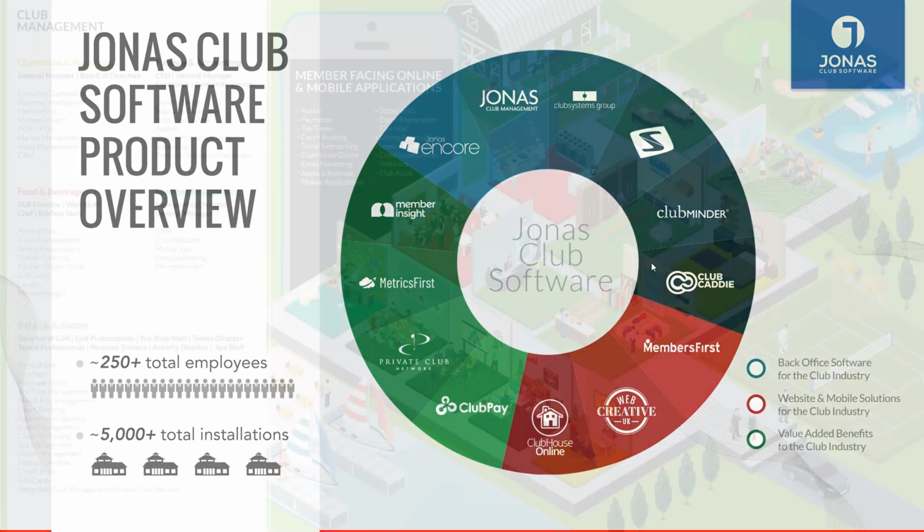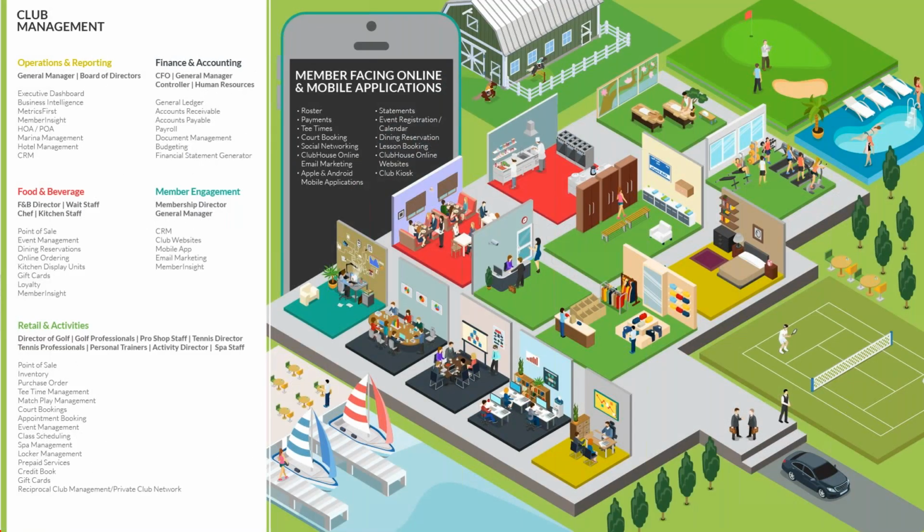What we believe at Jonas is that there are many businesses that work at a club, but they're all under one roof. We want to provide technology that is able to address all of these different areas at a club, but at the same time allow them to be integrated so that your member file, your members' information, is accessible through all these different areas.